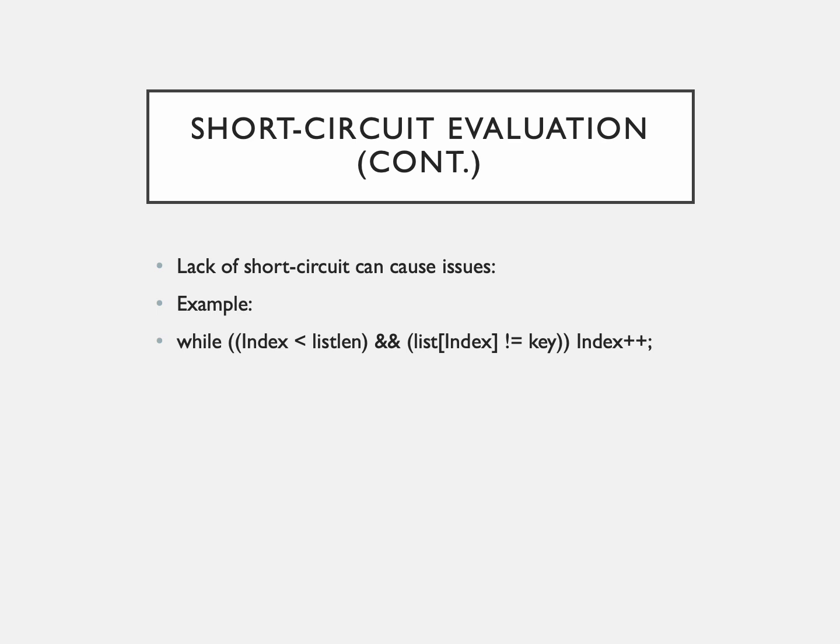Thanks to short circuit evaluation, if index is not less than list length, the second condition is skipped. This prevents the program from accessing list[index], which would be an out of bounds access, a major bug. If both conditions were always evaluated, list[index] would be accessed even when index is greater than or equal to list length, causing a crash or undefined behavior.